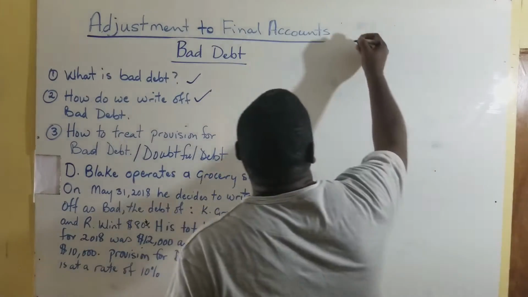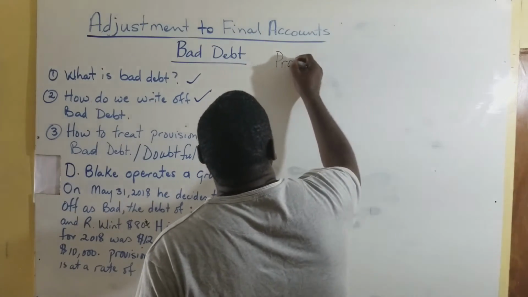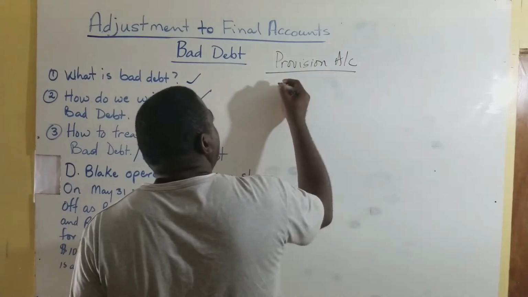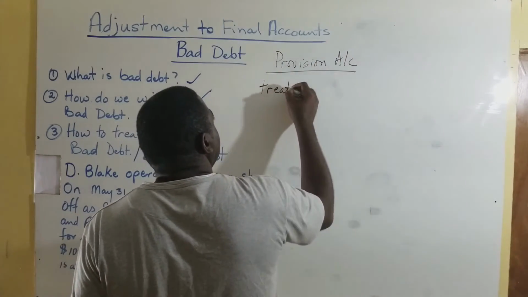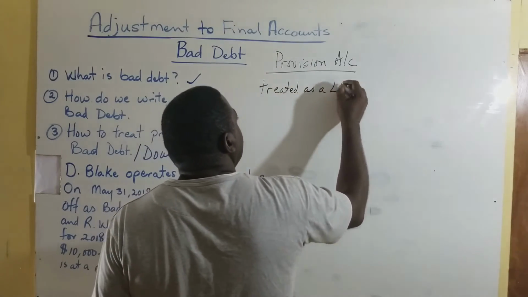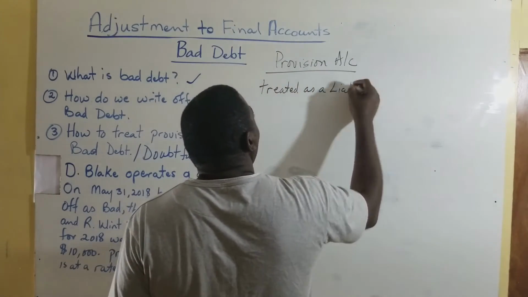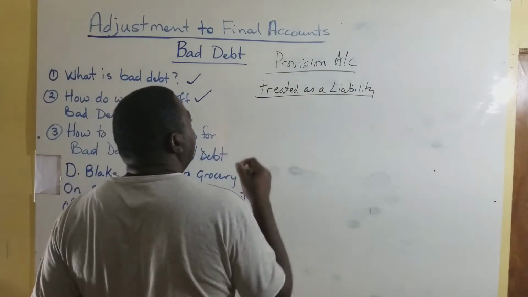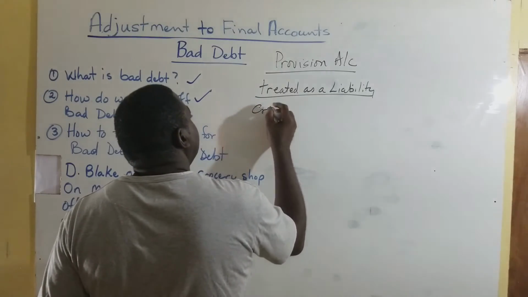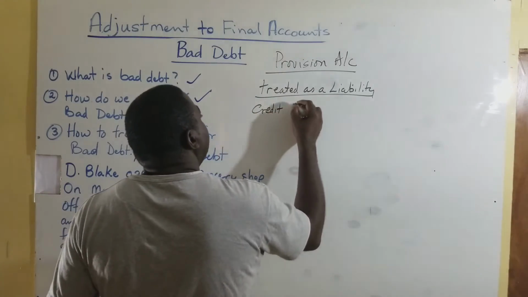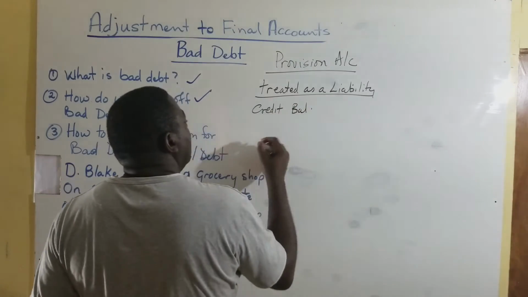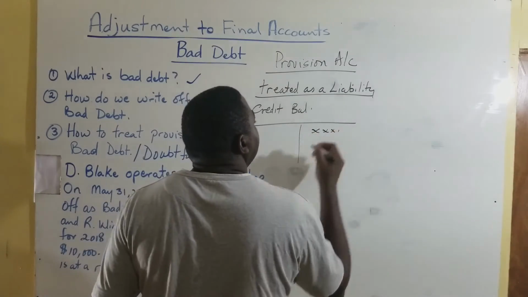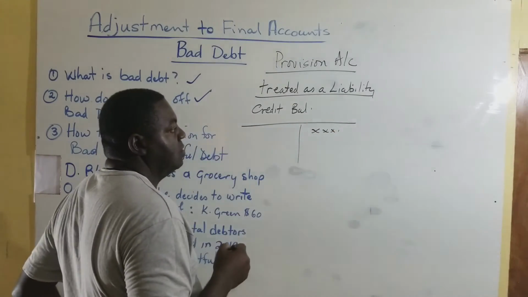Now a provision account is treated as a liability account, right? And what do I mean by treated as a liability? We mean that a liability account carries a credit balance. That means when you open the account, your first entry is going to be on the credit side in a liability account, okay?